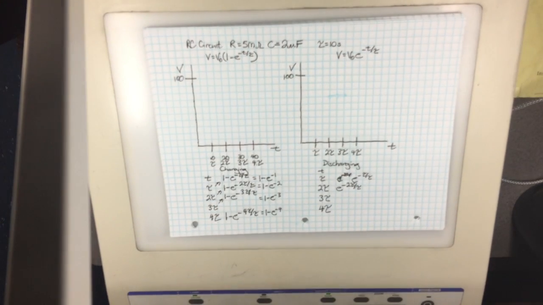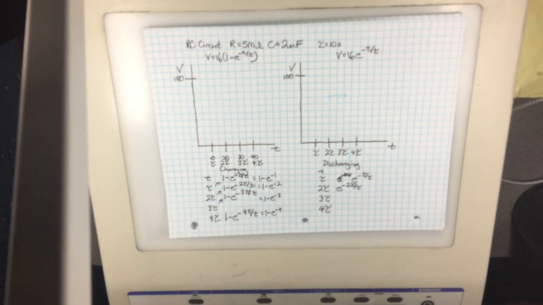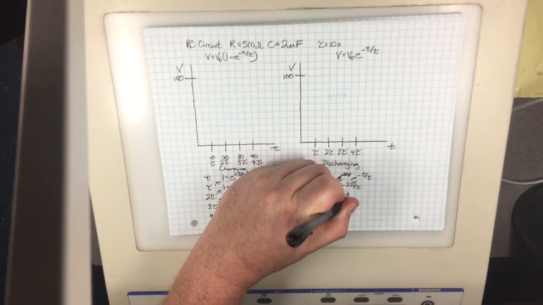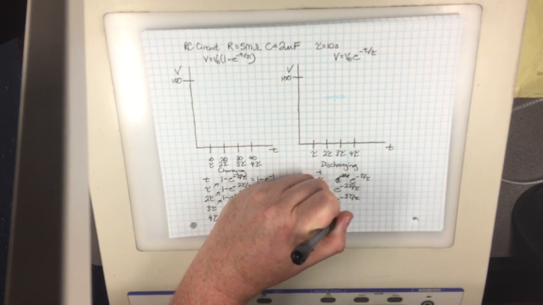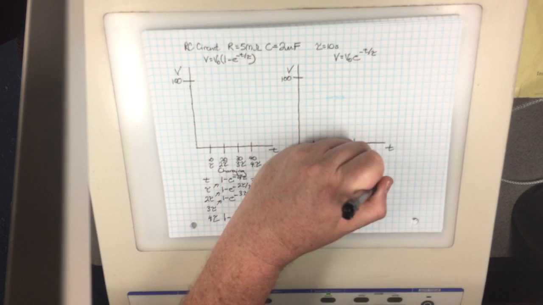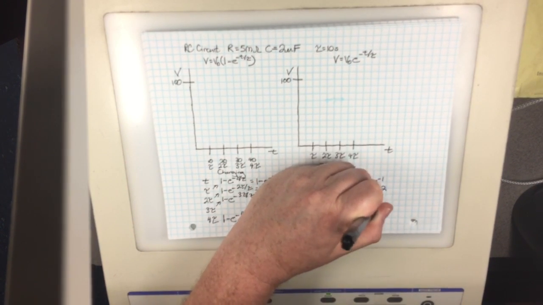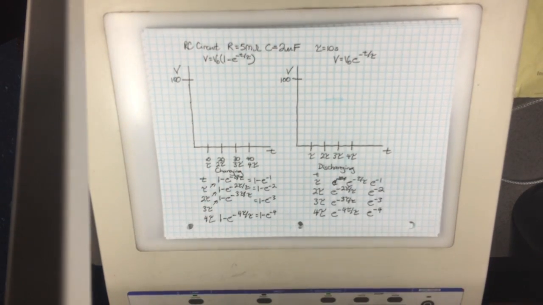Now really what I'm going to do is find these values and multiply them by 100. That's why I made it 100, so that I can easily crank these out. E to the negative 3 tau over tau, e to the negative 4 tau over tau. This gives me e to the negative 1, e to the negative 2, e to the negative 3, e to the negative 4.